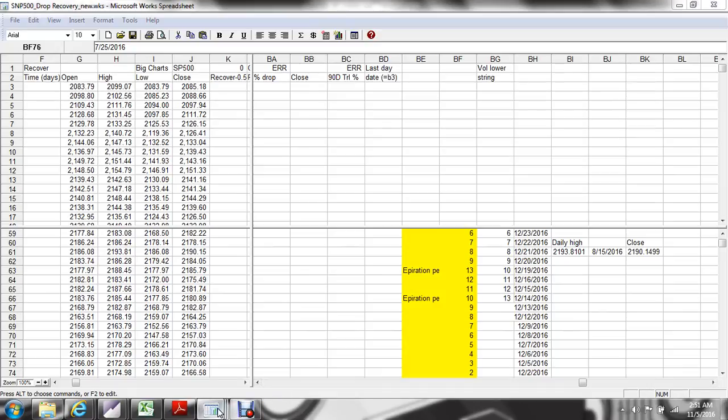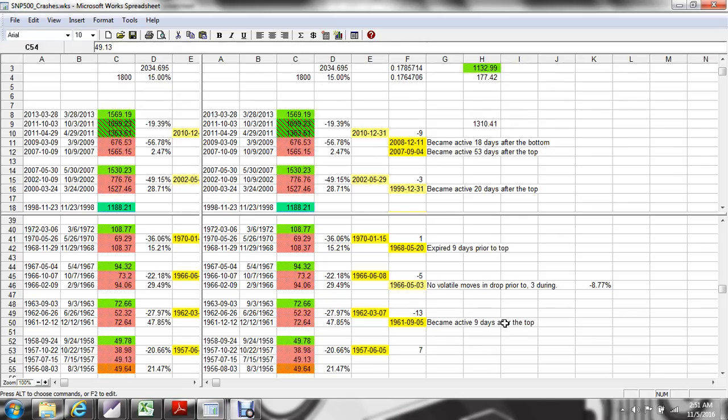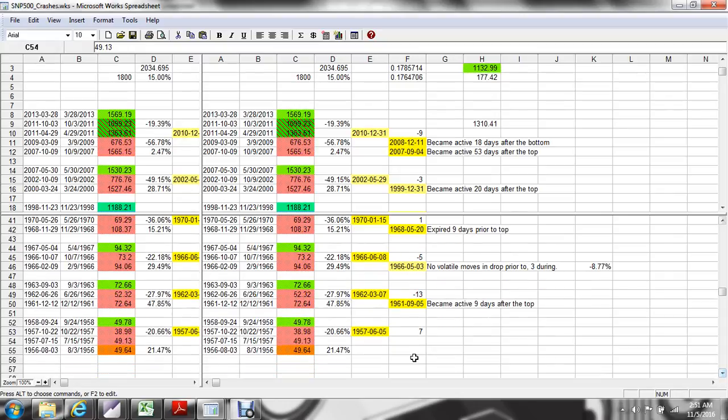Now we're going to look at this other spreadsheet. It's the market crashes. This is all the market crashes during the S&P, the actual S&P, which started on March 4th of 1957. That's the birth date of the S&P. Now you can see here, this first crash, the actual high is projected to have been on August 3rd of 1956.